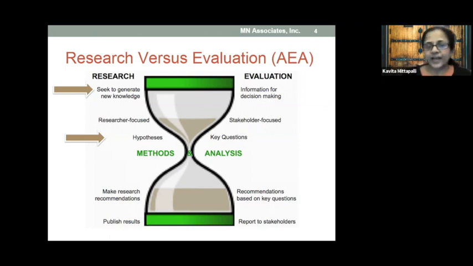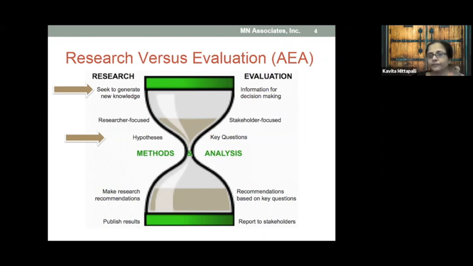Research, on the other hand, is more researcher focused, in the sense that the researcher is really interested to look at the nuances, look at the moderating variables. He's really looking at the affective behavioral changes, and it's very participant focused.